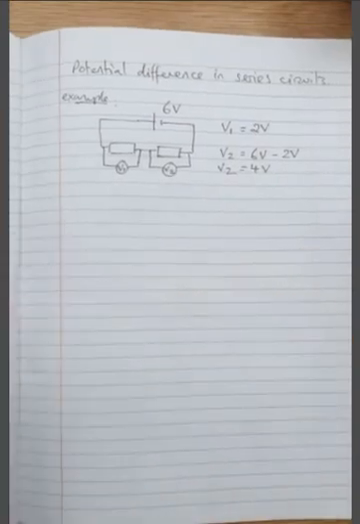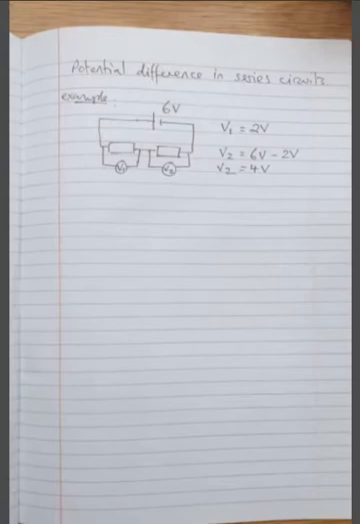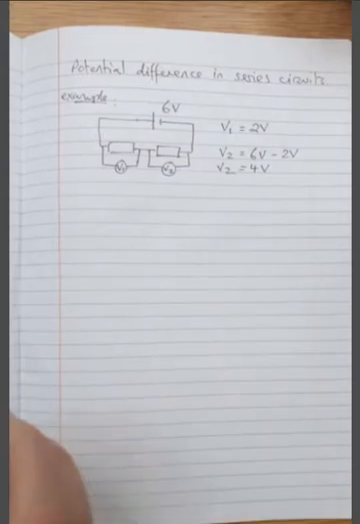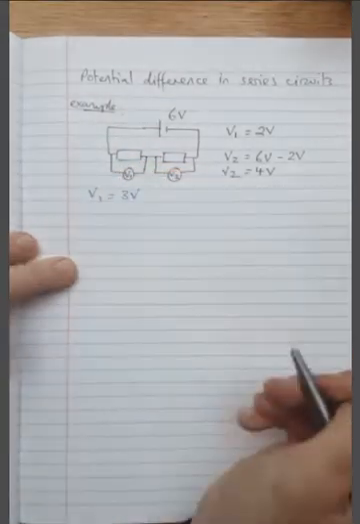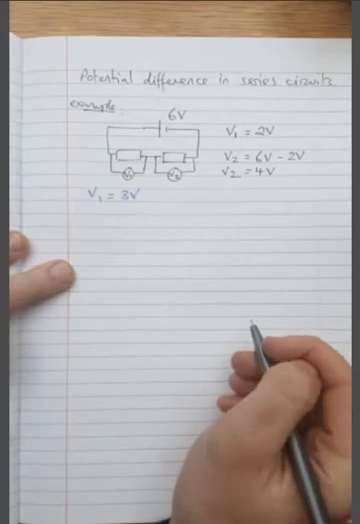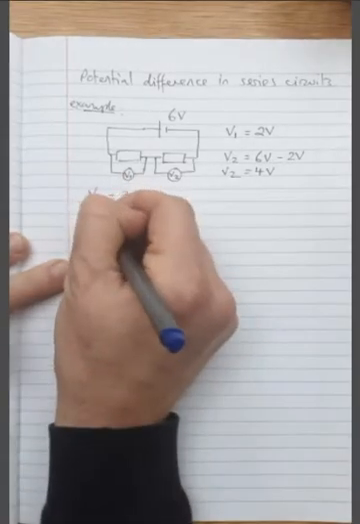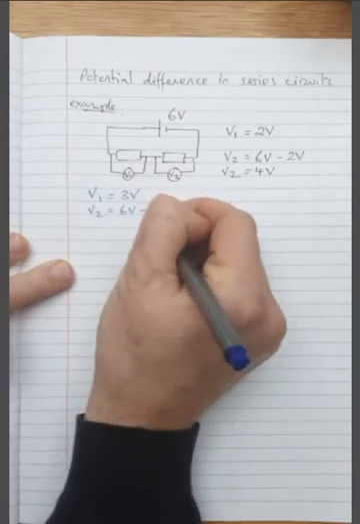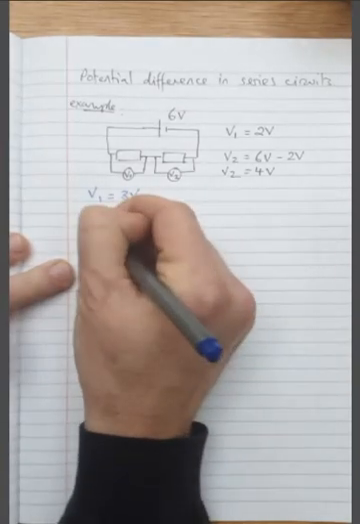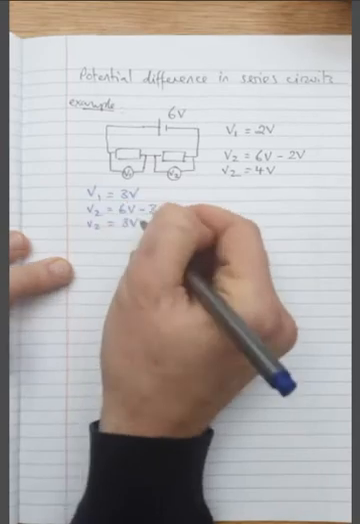Okay? What if V1 equaled 3 volts? V2 again would equal 6 volts minus 3 volts this time, so V2 would equal 3 volts.